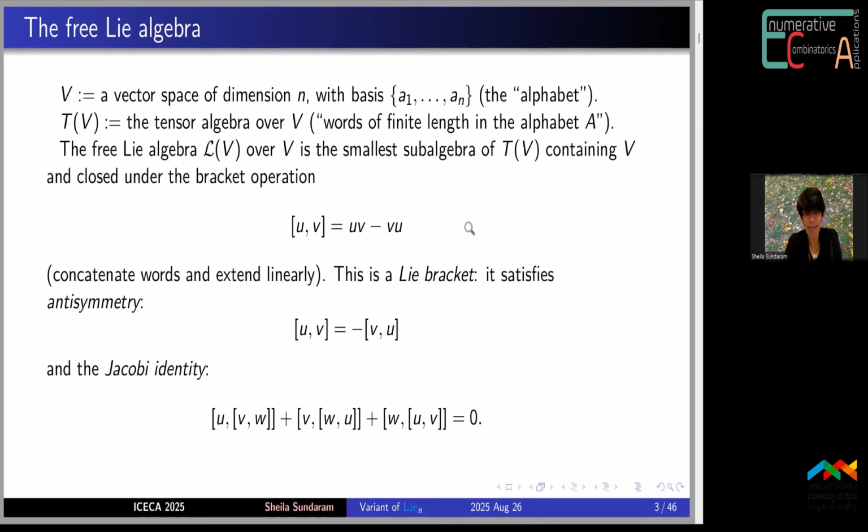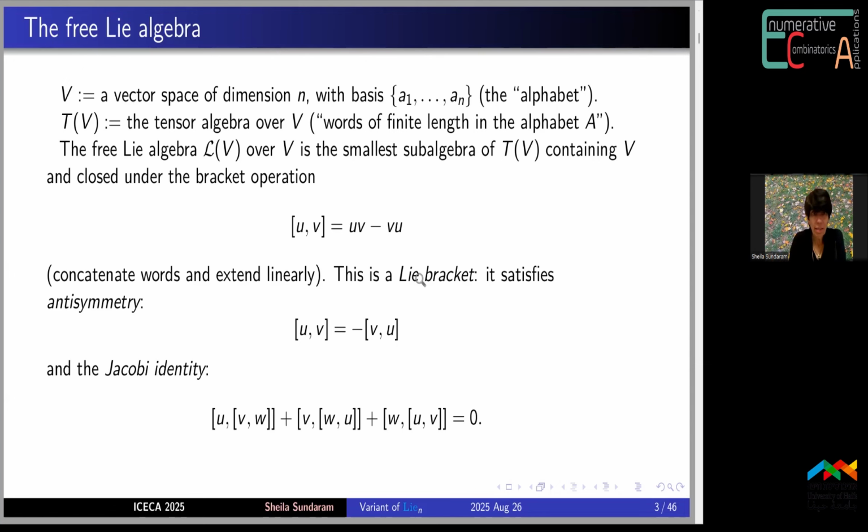So U bracket V is UV minus VU. So this is a Lie bracket, so it makes it into a Lie algebra. So that means I have anti-symmetry and I have the Jacobi identity.